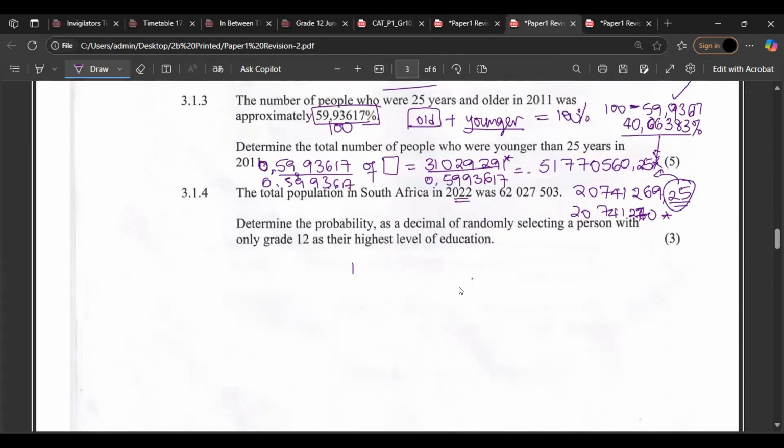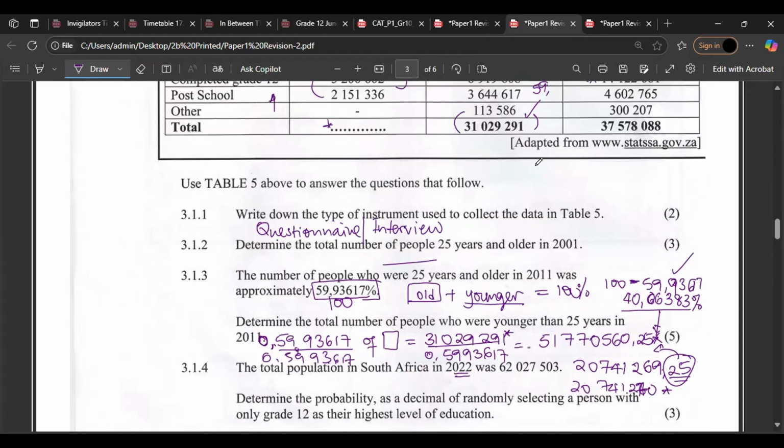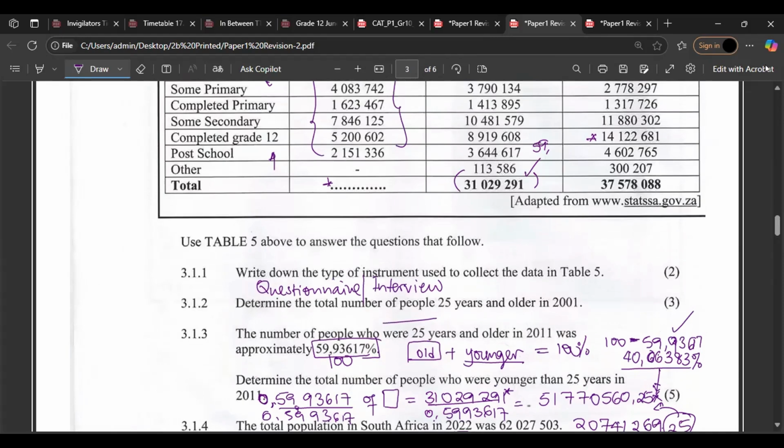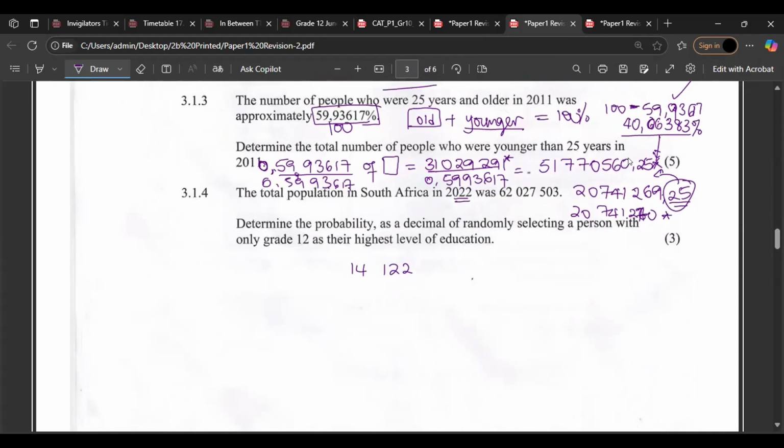So we shall say 14,122,681 divided by the population they have given us here. But they said the answer should be in what? The answer should be in decimals. We do the needful.